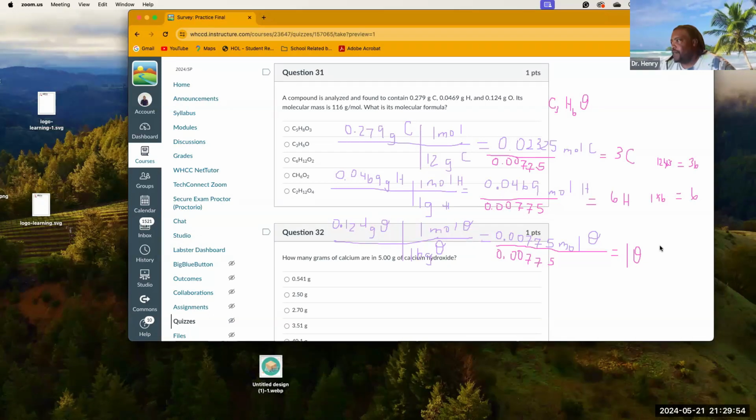And then we have 1 oxygen, so that's 16 times 1. Okay, we're going to add those together. So it's 58 grams per mole.